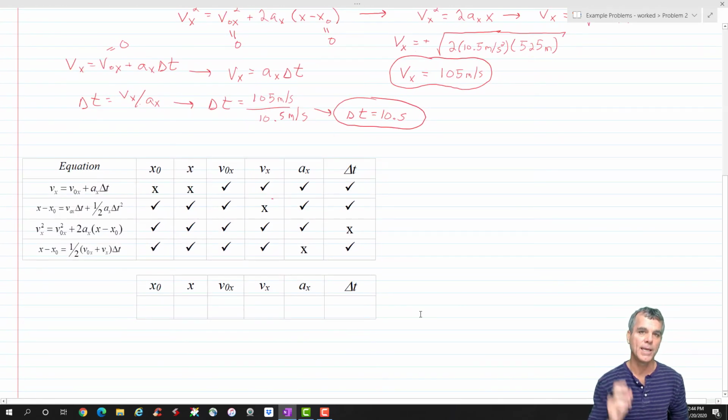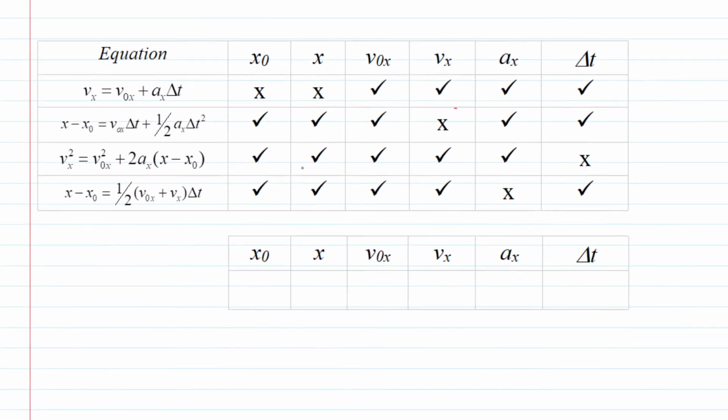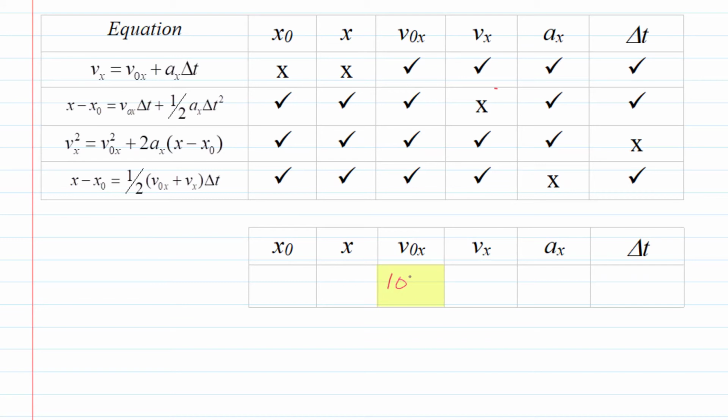Again, we've got our handy table with our list of known and unknown quantities. In this case, the initial velocity is 105 meters per second. The acceleration is -5 meters per second squared. The speedboat ends up at rest, so my final velocity is 0 meters per second, and I'm looking for my time.